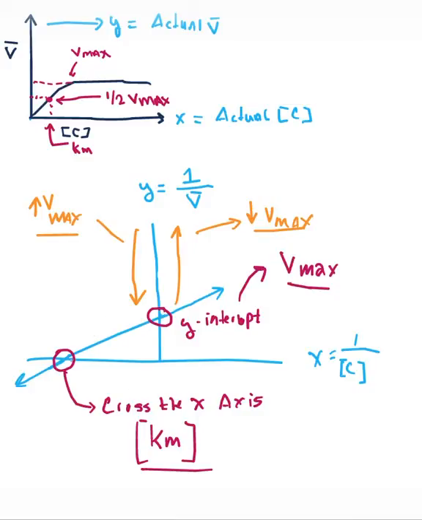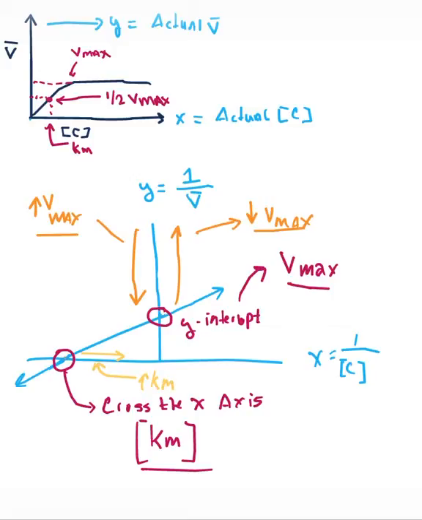As this point moves to the right, this will indicate, so let me just draw that here, as I move this way, that is going to be indicative of an increase in the Km, all right?